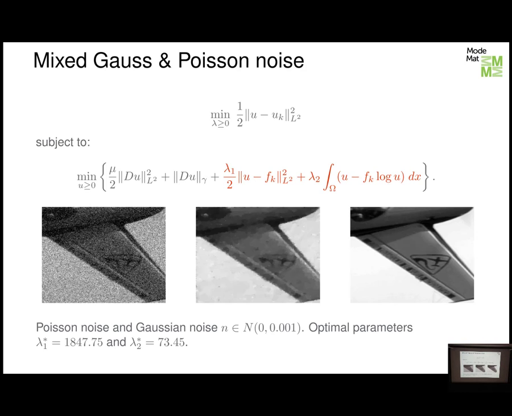Now these are a couple of examples of the problems that we solve. This is a combined noise model with Gaussian-Poisson noise, and what we could recover is some lambda 1 and lambda 2, which are optimal for denoising this image. This is the original one, this is the noisy image, this is the one that we recover.